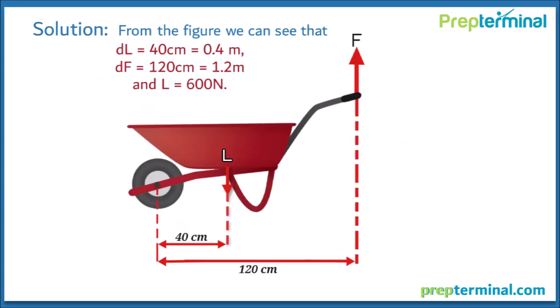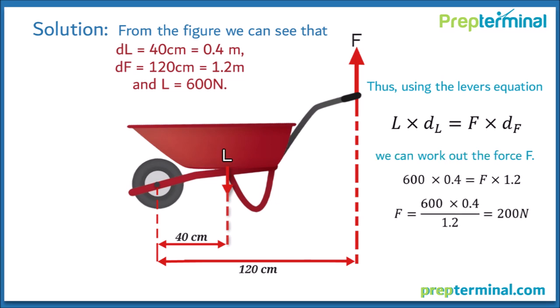Solution. From the figure, we can see that dL equals 40 centimeters, which equals 0.4 meters. dF equals 120 centimeters, which equals 1.2 meters. And L equals 600 newtons. Thus, using the lever's equation, L times dL equals F times dF, we can work out the force F. 600 times 0.4 equals F times 1.2.